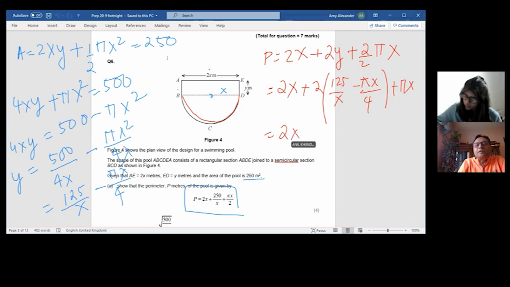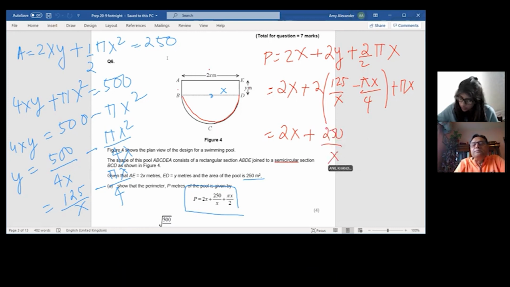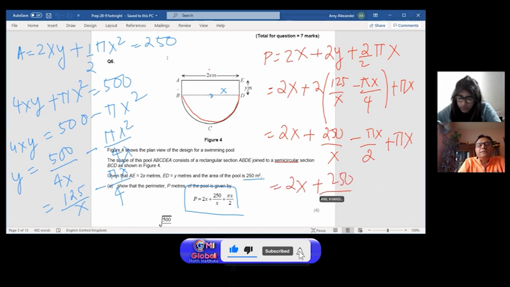2x plus, you have similar expressions, right? Let's multiply, so 250 over x. And when you multiply this, you get minus pi x by 2 plus pi x. So this gets simplified further. We get 2x plus 250 over x plus pi x by 2.